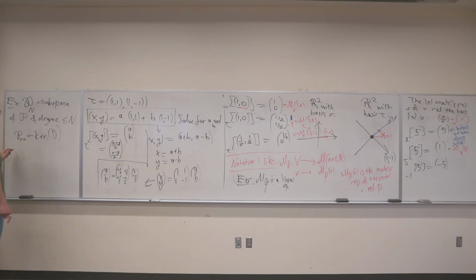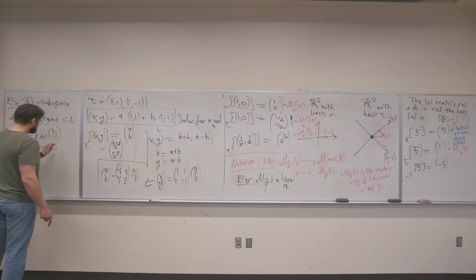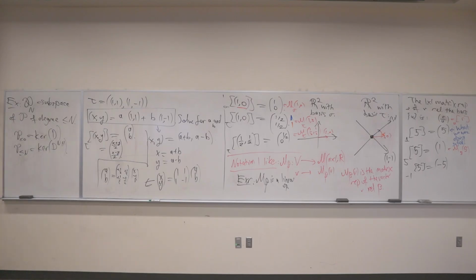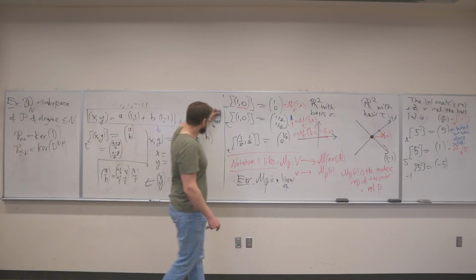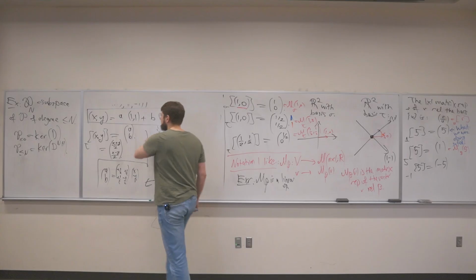So it should be one more, which means this is the kernel of differentiating n plus 1 times. What does this mean? It means if I have a polynomial that I know for sure that its n plus first derivative is 0, then its degree cannot be more than n. Okay. For this, we have this standard basis.